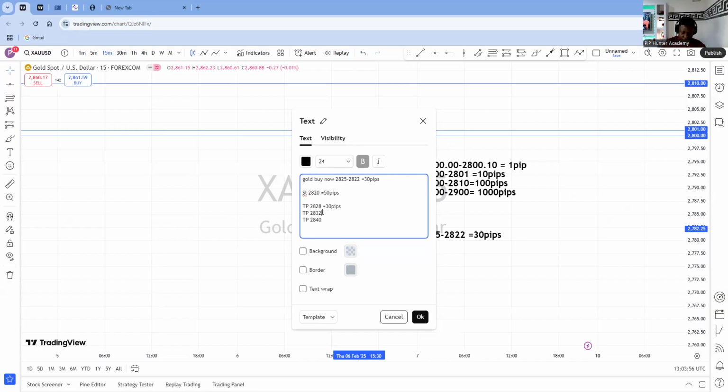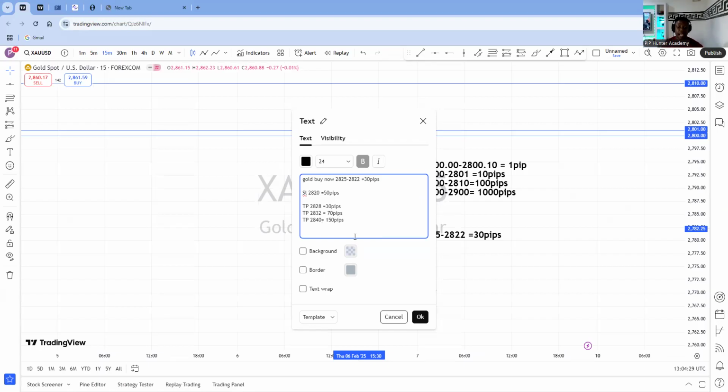And the second one will also give you how much? 40 pips. So from the first TP to the second TP, total will make 70 pips. So if you secure all your profits at TP2, it means you are securing 70 pips. And what about if you take the final TP? 25 to 40, which will give you 150 pips.